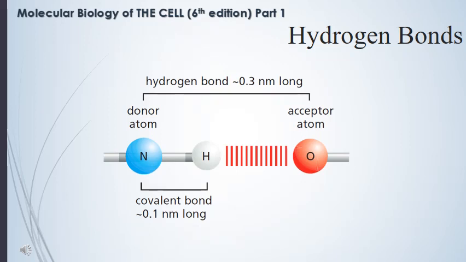And on the acceptor side, the acceptor atom itself is the more electronegative atom in that molecule, which has a partial negative charge on it. And the partial positive and negative charges between the donor hydrogen and the acceptor electronegative atom result in weak interactions, which are known as hydrogen bonds.